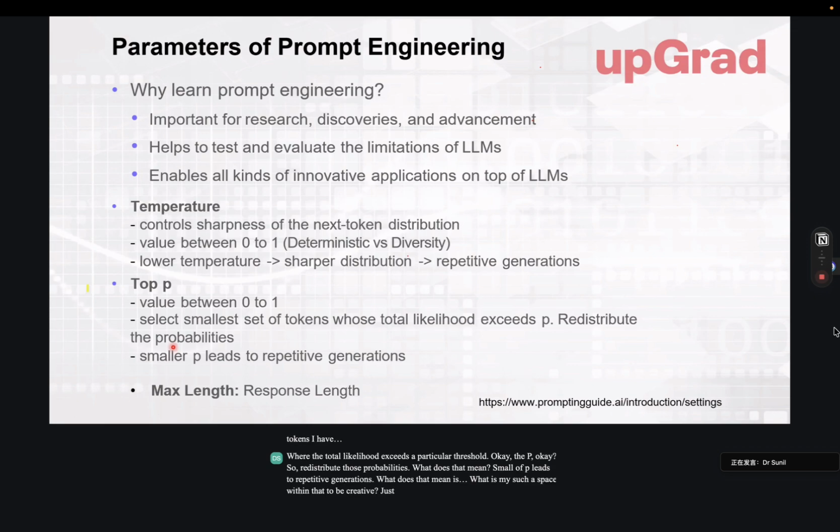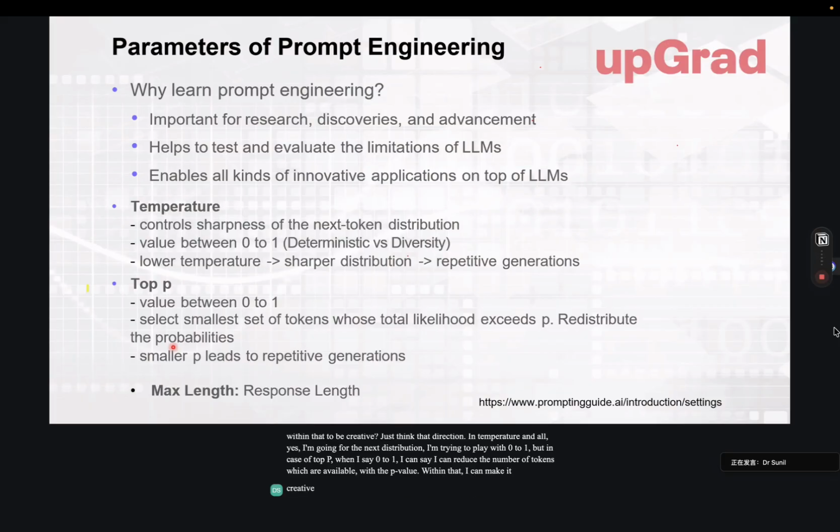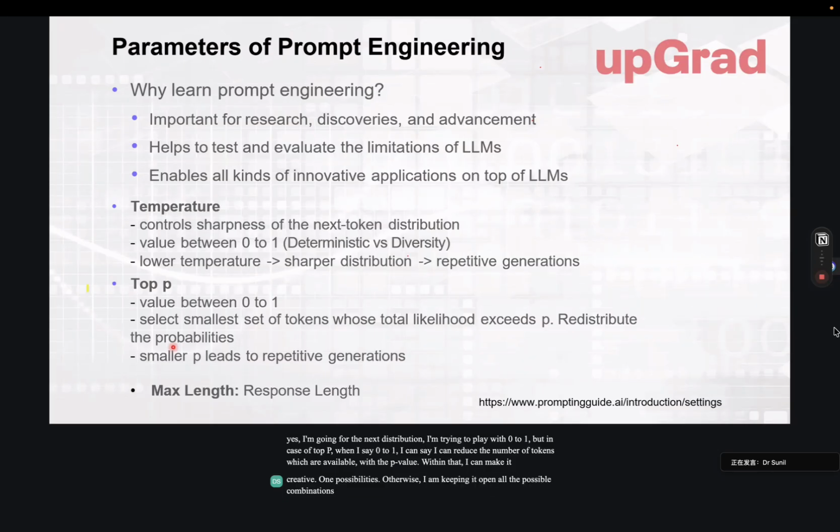Just think in that direction. In temperature, yes, I'm going for the next distribution, trying to play with 0 to 1. But in the case of top P, when I say 0 to 1, I can reduce the number of tokens which are available with the P value. Within that, I can make it creative. That is one possibility. Otherwise, I am keeping open all the possible combinations and then making it creative as well.